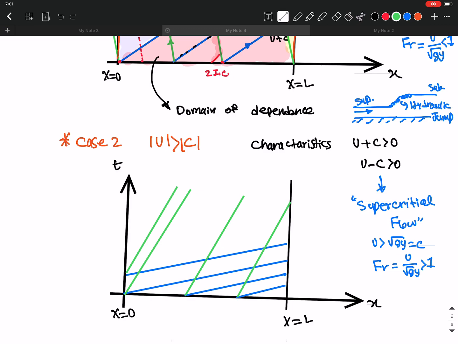So this one is also going to have a positive slope. You're going to have 1 and u minus c, and the other one is 1 and u plus c.